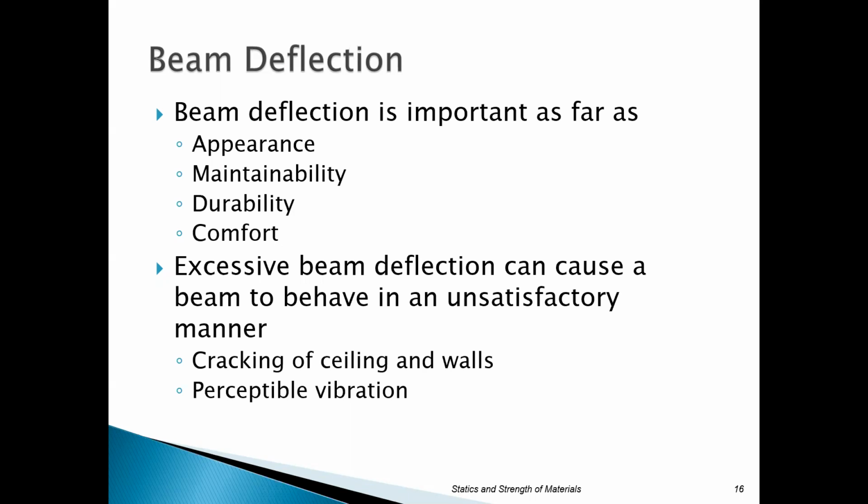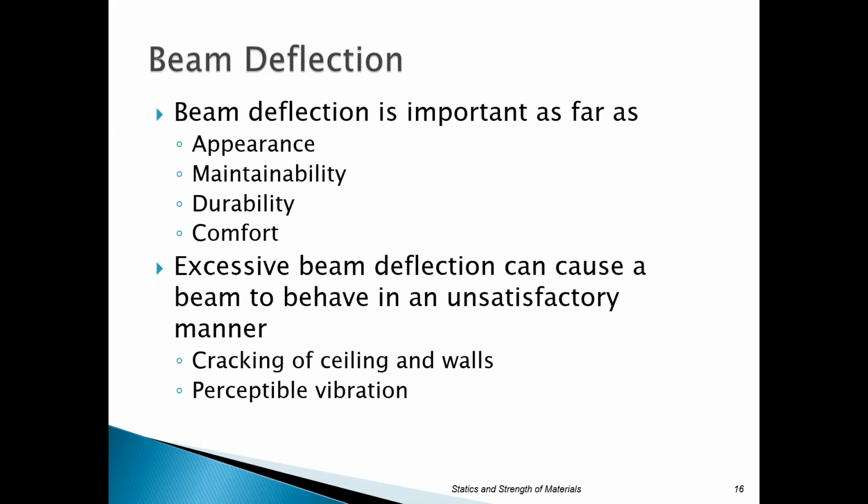The one thing that's important about beam deflection is the appearance. I mean, people see beams bending, such as in a highway bridge or something, and they immediately might think that's kind of a failure kind of thing. So if it's too much deflection, or it looks like it's too much deflection, it might be a bad thing.